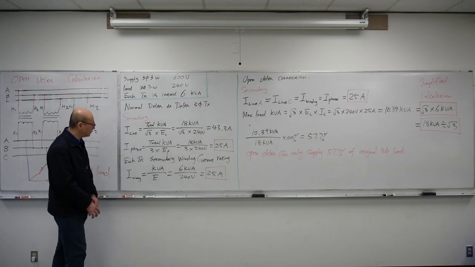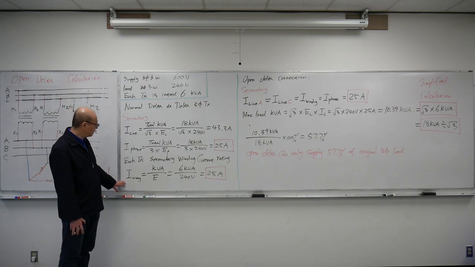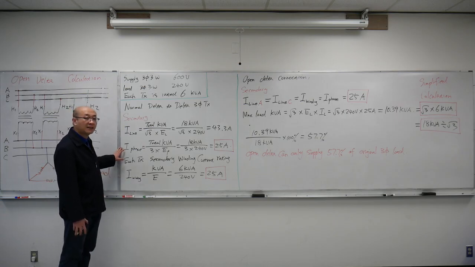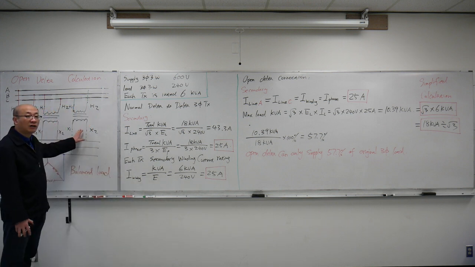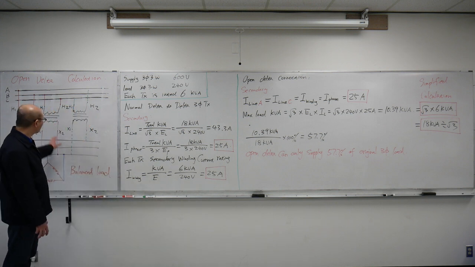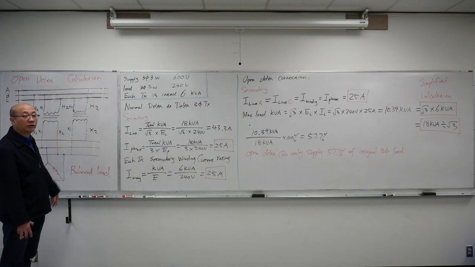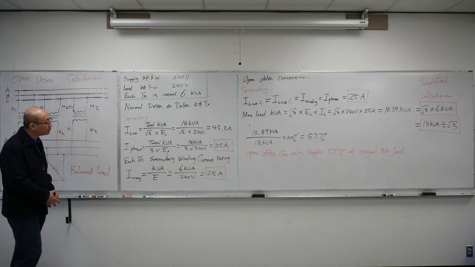You can see the current rating for the winding is the same as the phase current for this three-phase transformer bank. These two are exactly the same because we have a single coil, or single winding, transformer. The phase current is the coil current or the winding current.